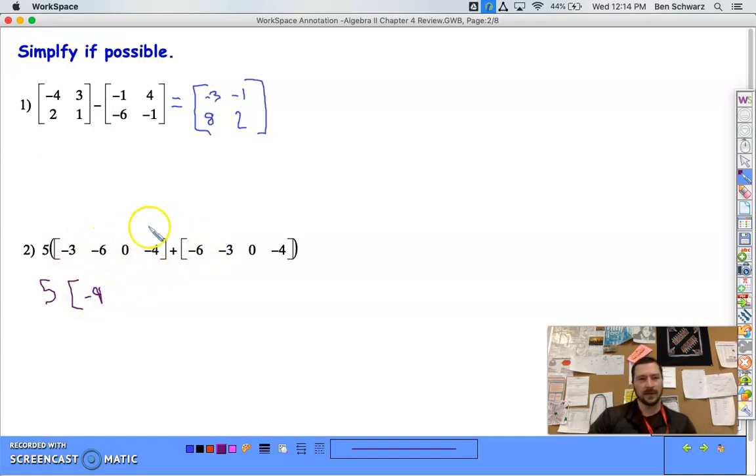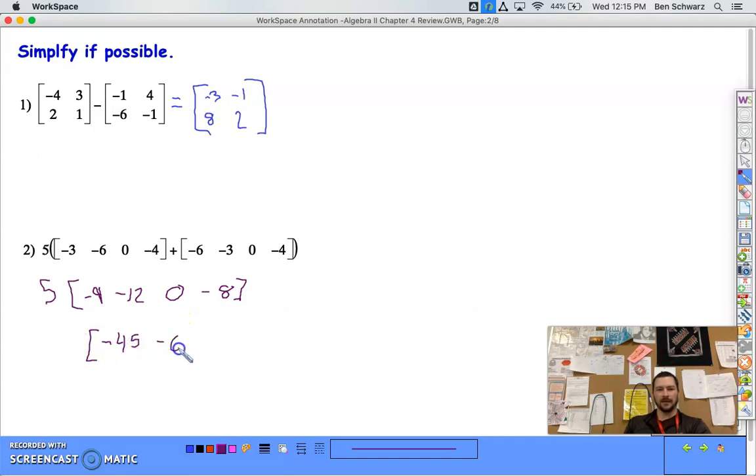And then -6 plus -6 is going to be -12. 0 plus 0 is 0, and -4 plus -4 is -8. Then we take everything times 5, and so -45, -60, 0, and -40. So pretty simple stuff there.